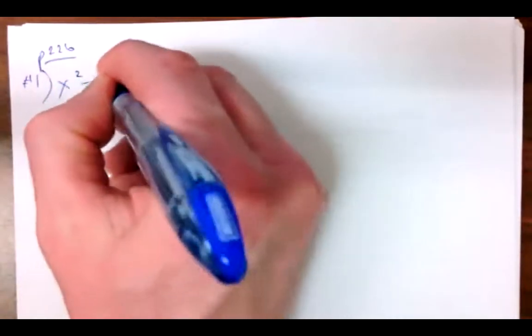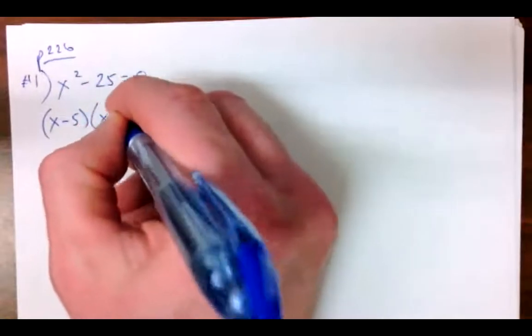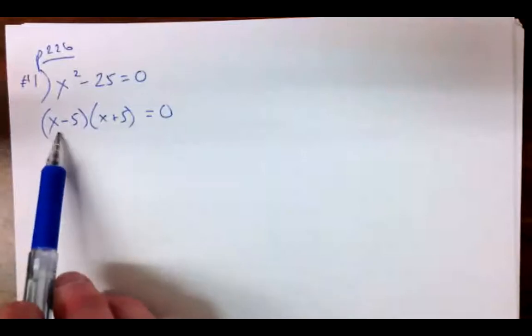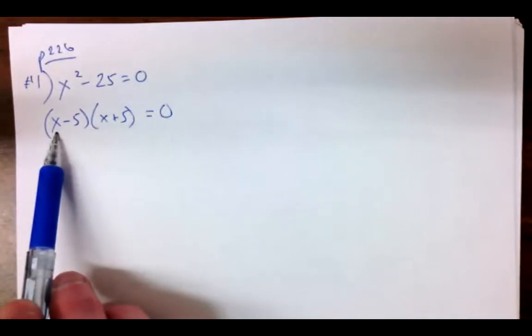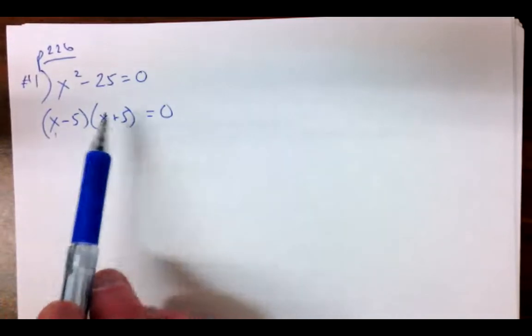X squared minus 25 equals 0. We factor this. This is a difference of squares. X minus 5, x plus 5 equals 0. That means when x equals 5, 5 minus 5 equals 0, and 0 times whatever this is is 0.